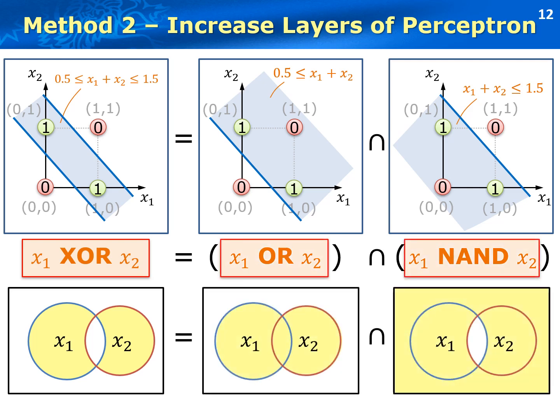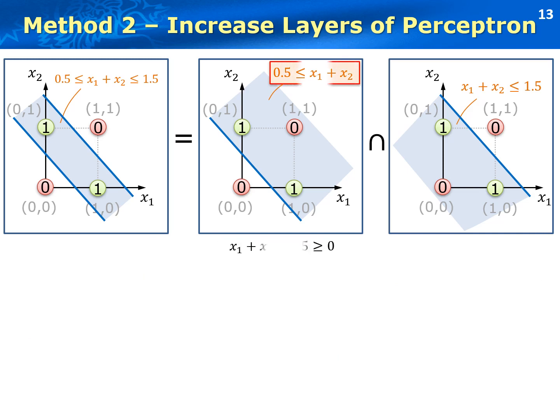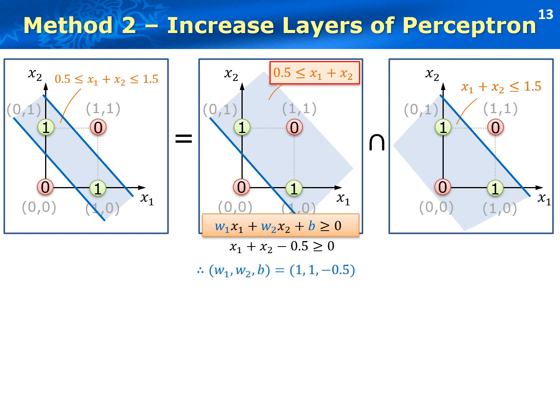Let's first take a look at the OR gate, whose decision boundary can be rewritten as x1 plus x2 minus 0.5 greater than or equal to 0. Comparing this with the standard form, we can get the weights and bias, which is a triple 1, 1, minus 0.5. This corresponds to the following perceptron for the OR gate.